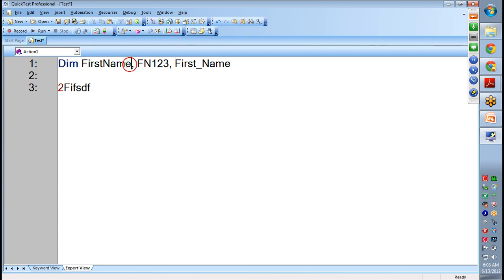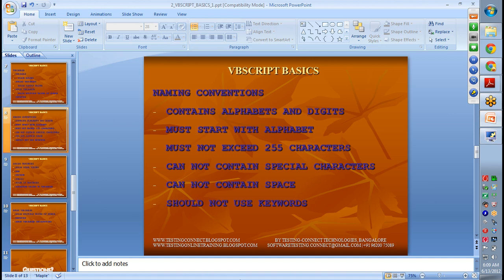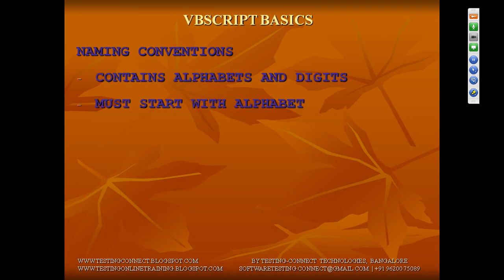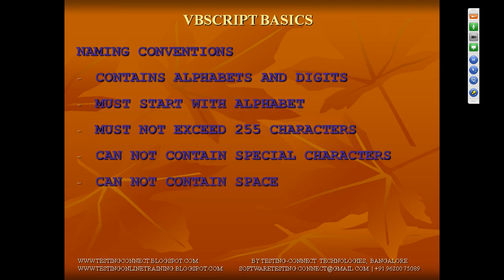Special characters, there are so many characters available on your keyboard, right? Those special characters are not allowed. The maximum is 255 characters, so you cannot give a variable name of more than 255 characters. So it cannot contain special characters or spaces. These are all the rules for naming in any programming language.